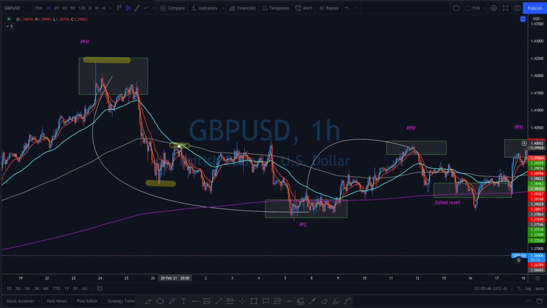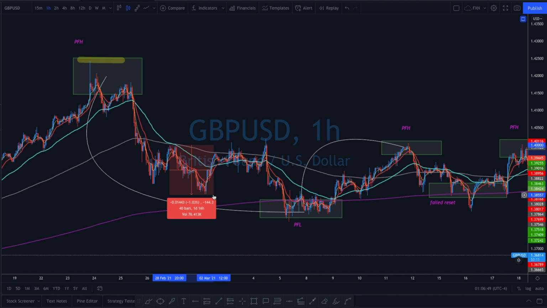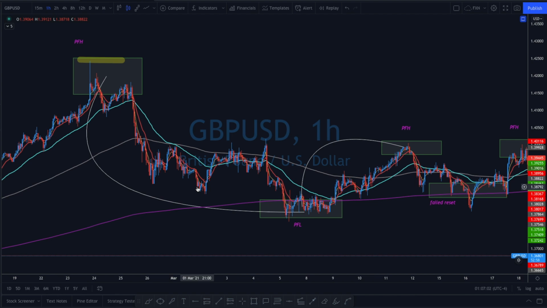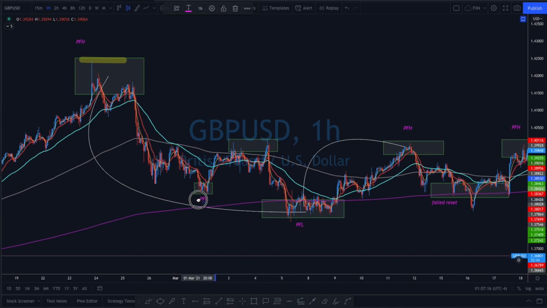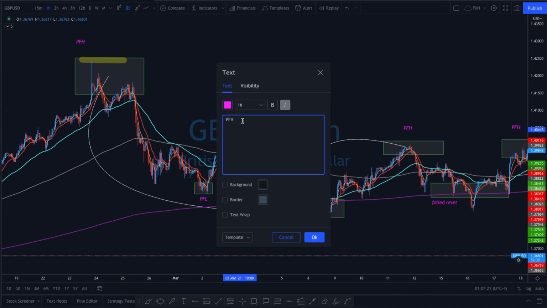If this is going to be the reset, we need 3 times ADR straight down again. So because this is 144, it doesn't give you a full cycle. That's why you can't use this as your peak formation low. You have to use this. This is the lowest point anyways, as a peak formation low. So this would be your peak formation low here, and then this would be your reset here, right? So that's your peak formation low, and then this ends up being peak formation high and then reset.